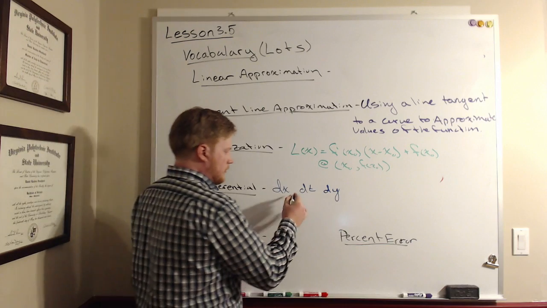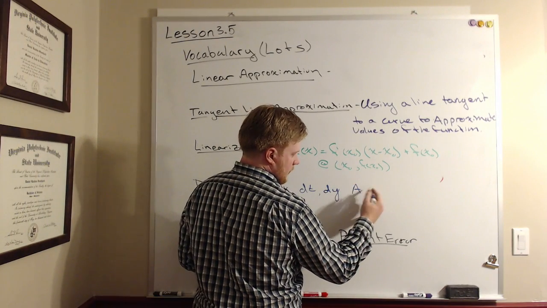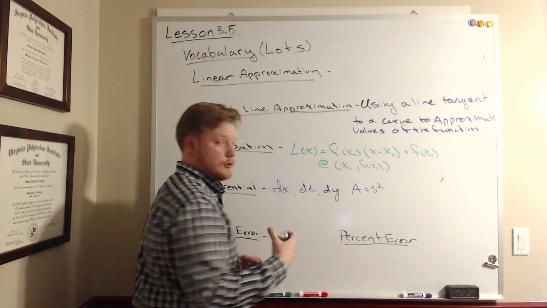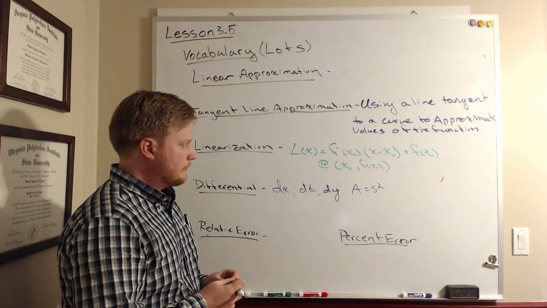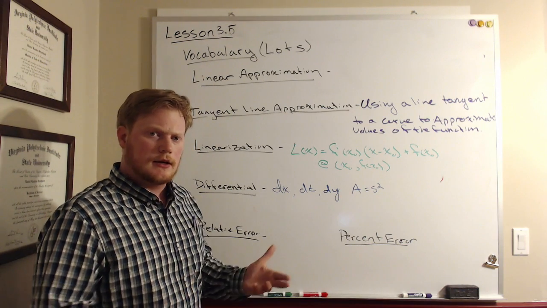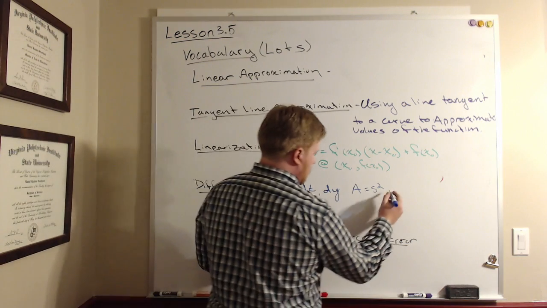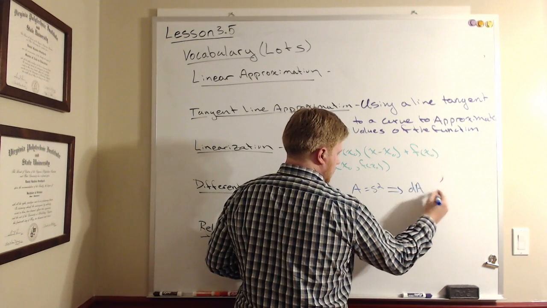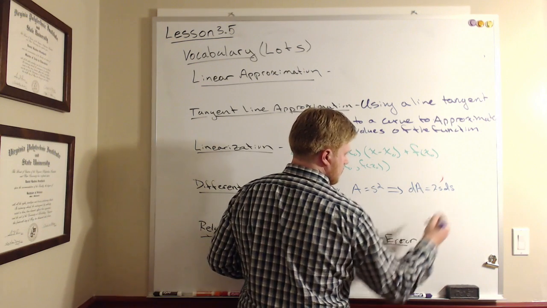You know, we could use, in the formula for area of a square, area is equal to s squared, differentials to approximate errors in estimating the area. So the differentials involved here would be dA and ds.